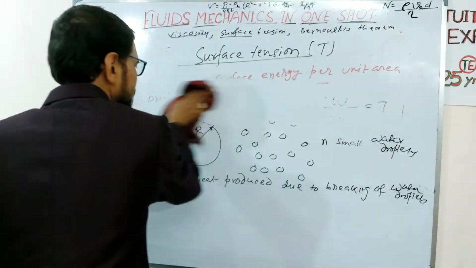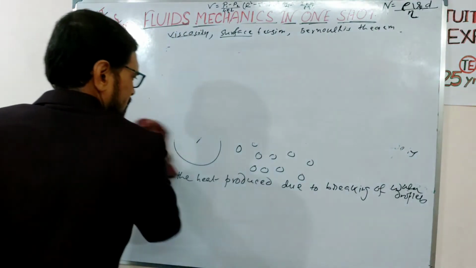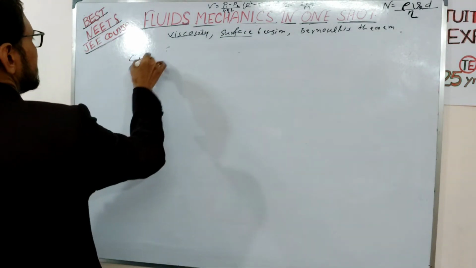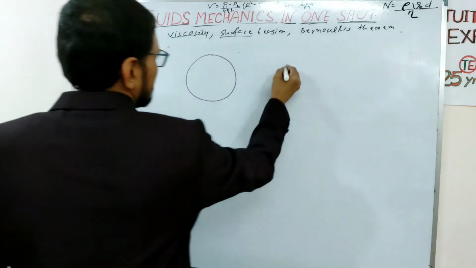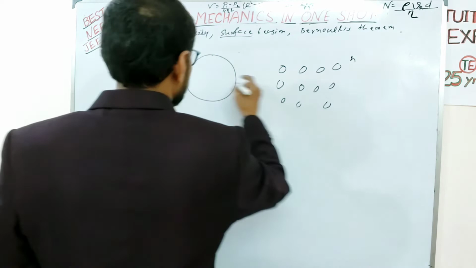The solution is this. First, the big drop has radius R, and there are n small droplets of radius r.